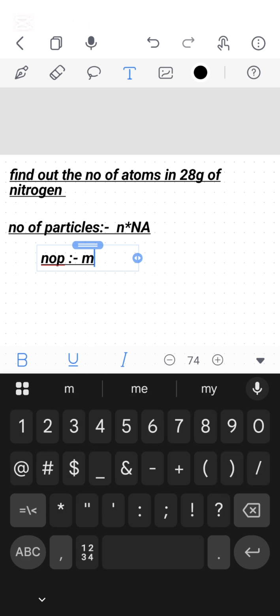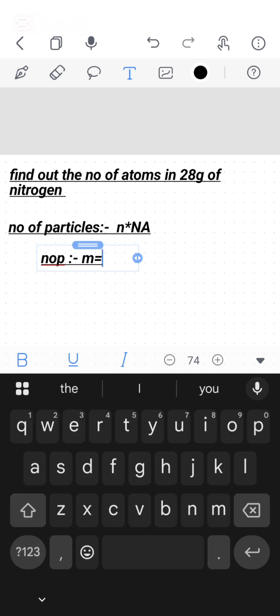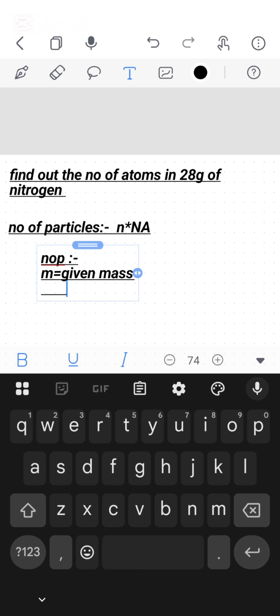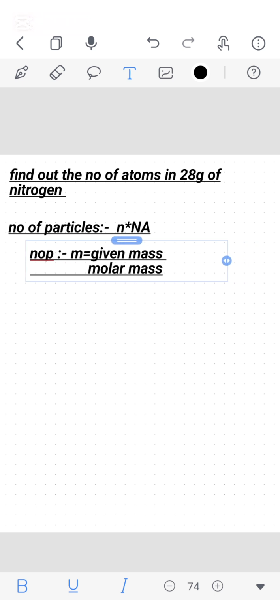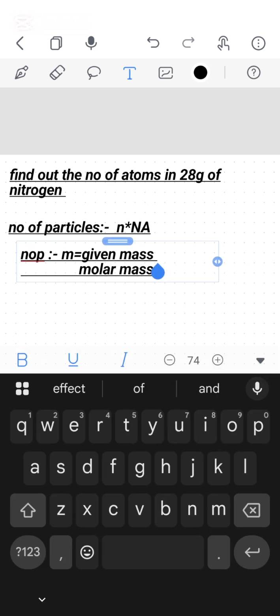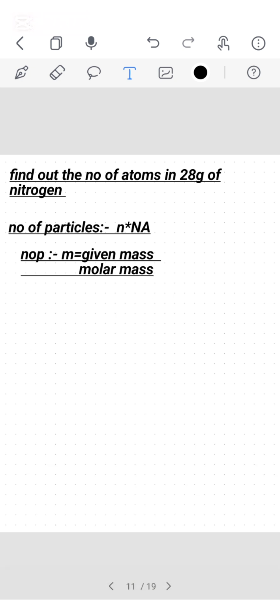Mole is equal to given mass upon molar mass. That is the formula of mole.